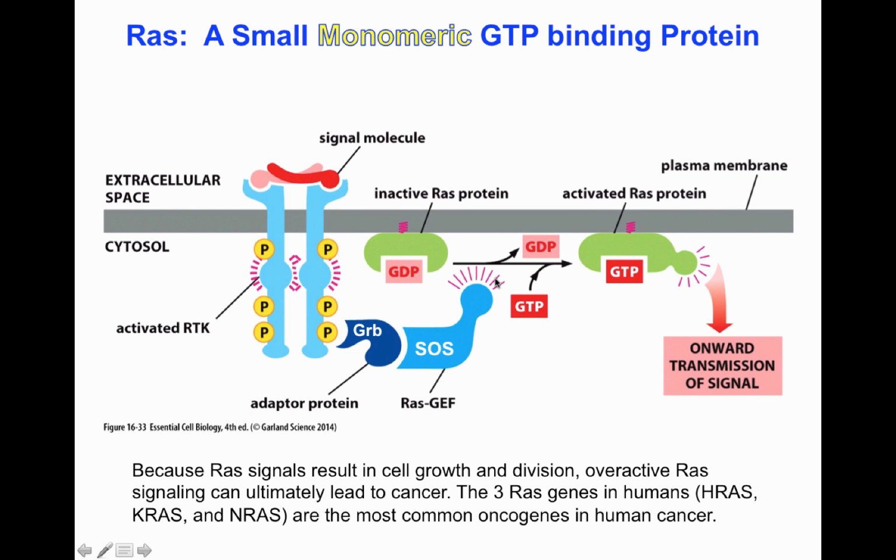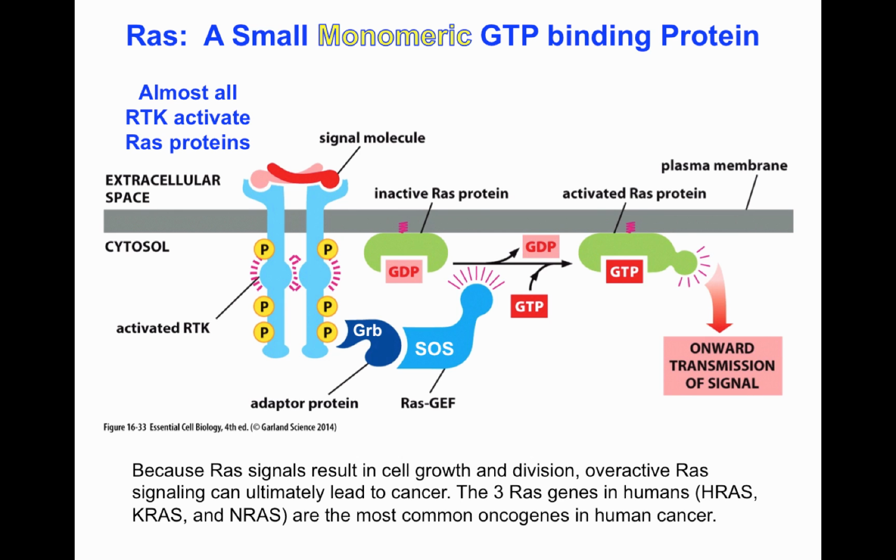Because RAS can result in cell growth and division, overactive RAS can lead to cancer, as it was discovered. So we have 3 different RAS genes in humans: HRAS, KRAS, and NRAS, and those are the most commonly found oncogenes in human cancers.